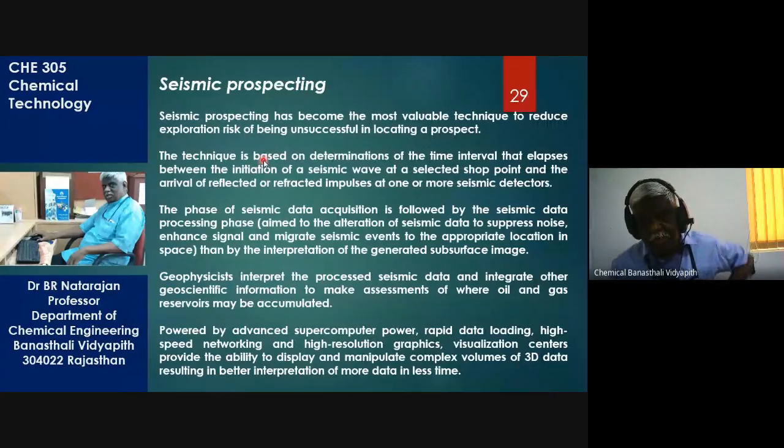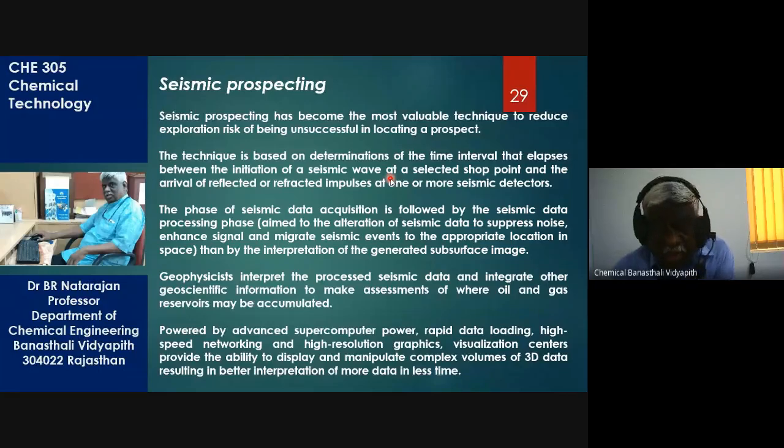Then comes seismic prospecting. Seismic has become the most valuable technique to reduce exploration risk of being unsuccessful in locating a prospect. Okay, so the technique is based on determination of the time interval that elapses between the initiation of a seismic wave. The seismic wave is nothing but when I burst the explosive, the shock waves travel from one point to another.